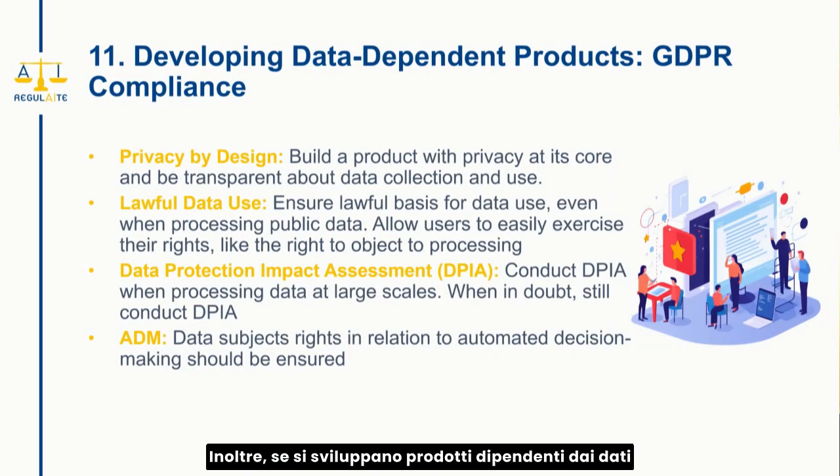And then if you are developing data-dependent products such as AI products, it is important to have a privacy by design approach in developing that product. That is making sure that you process data in a transparent manner, making sure that the product allows for an efficient exercise of rights by the data subjects, to make sure that you have their informed consent, and so on and so forth.